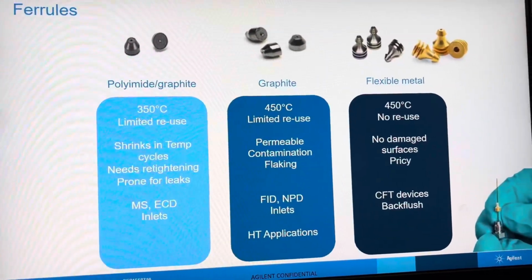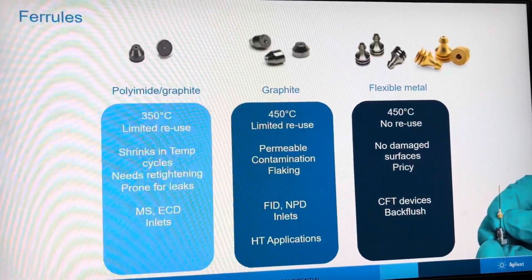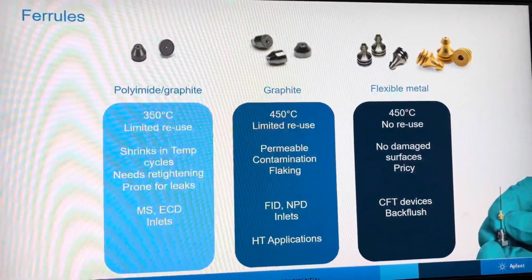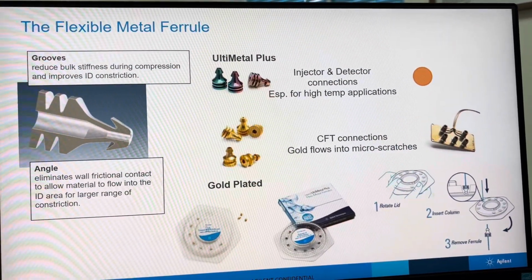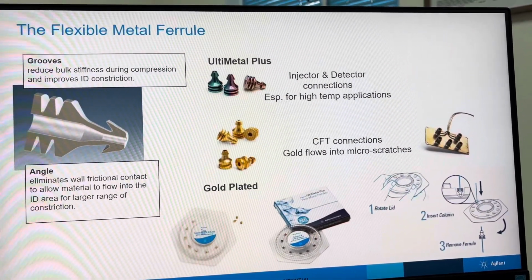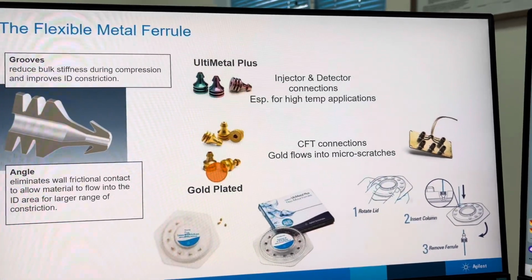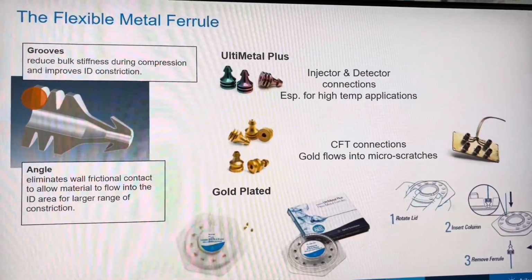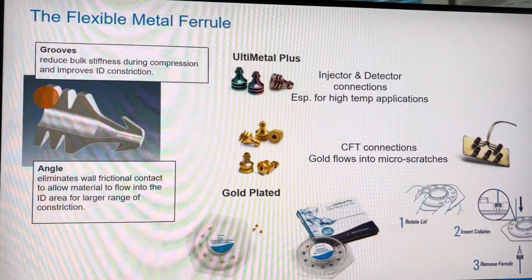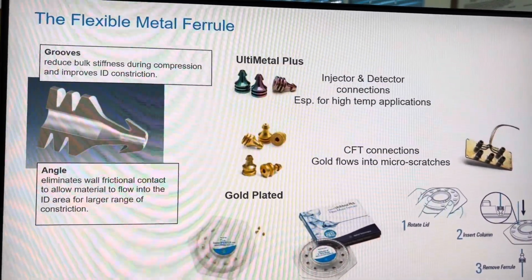And you see here, the flexi metal ferrules, multi-metal or gold metal ferrules, have some grooves in them, so it reduces the stiffness during installation, and it will not break the column if we are over-tightening.